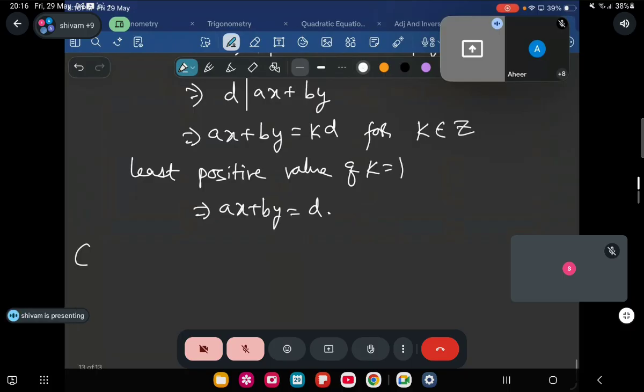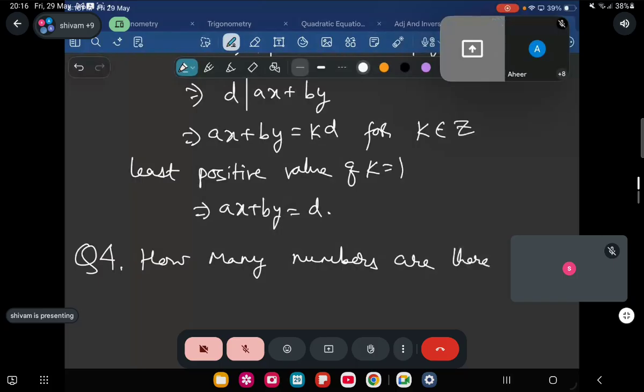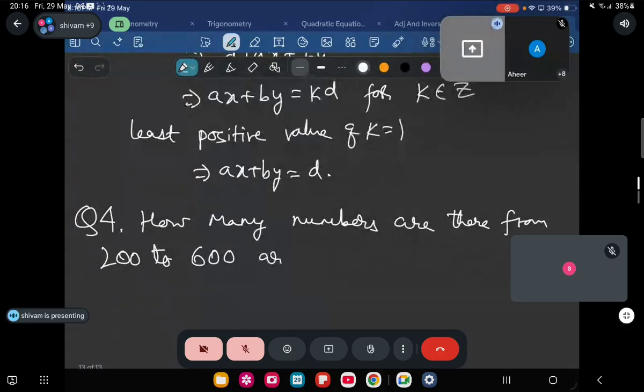How many numbers are there from 200 to 600 that are divisible by 4, 5 and 6?